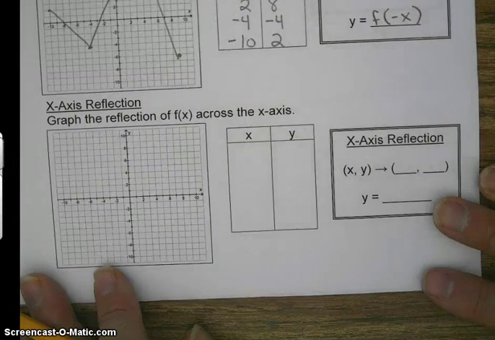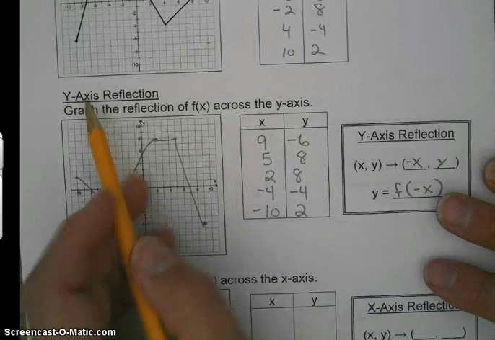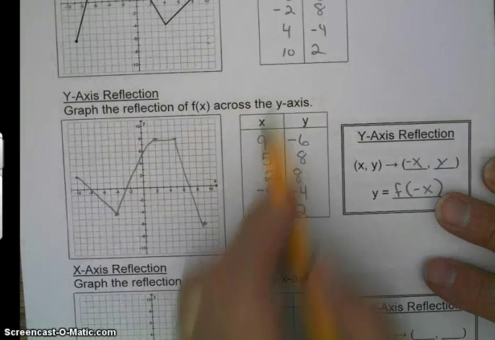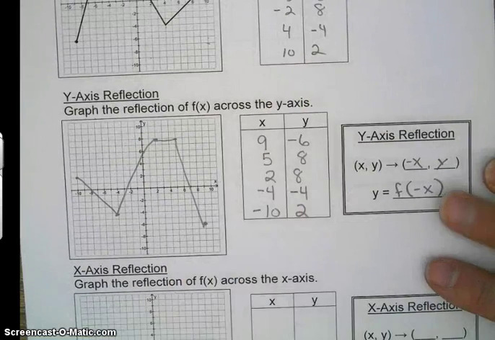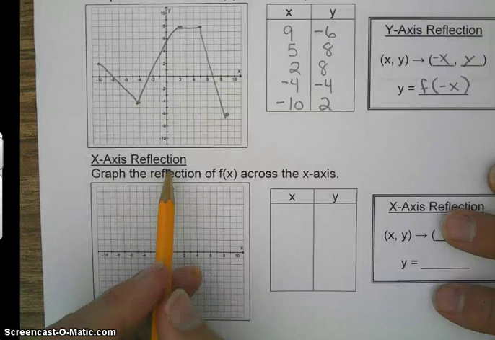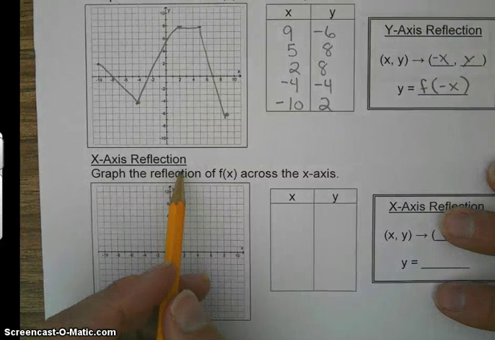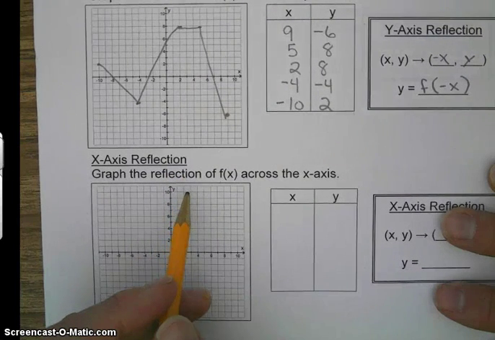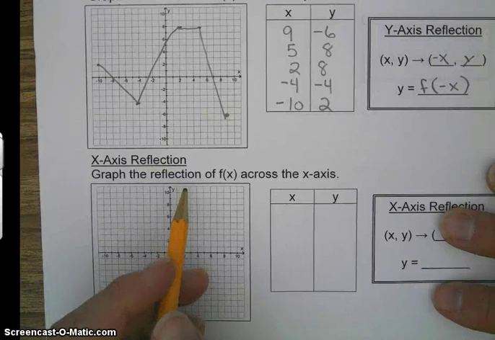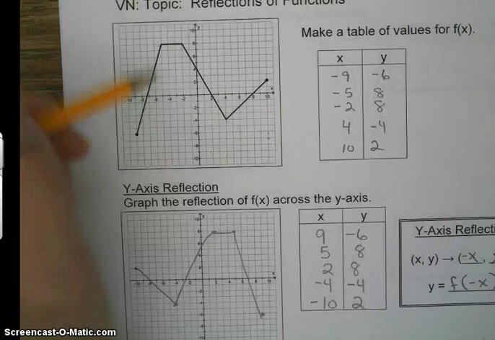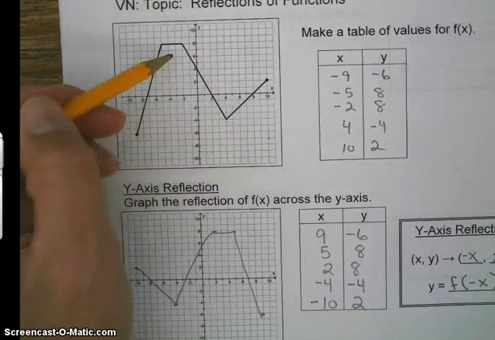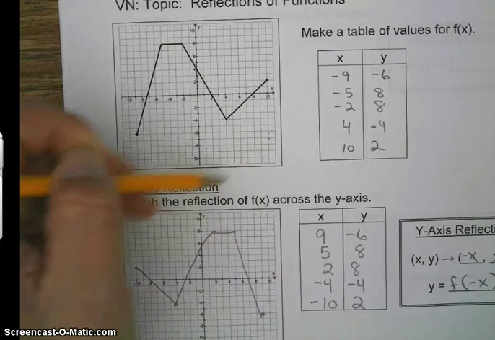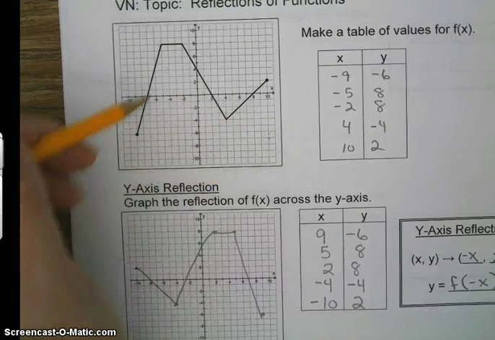X-axis reflection. Well, let's use some common sense. If a y-axis reflection changes the sign of x, what do you think an x-axis reflection does? That's right, Christian. Very good. It would change the sign of the y, because this on top, which is positive, would be flipped over the x-axis, and then the y coordinates would become negative.